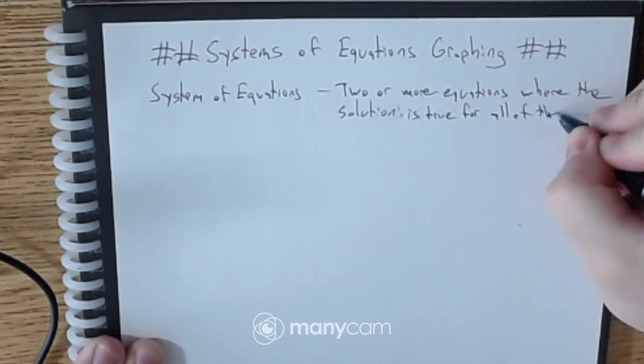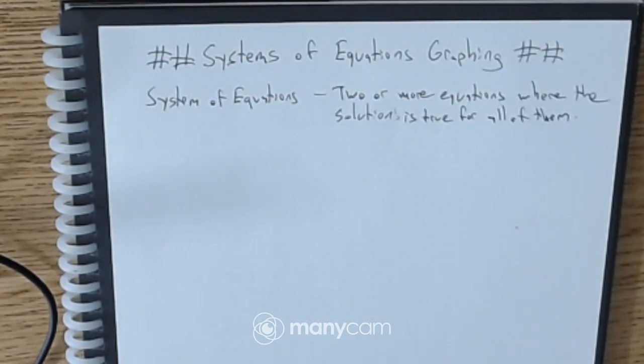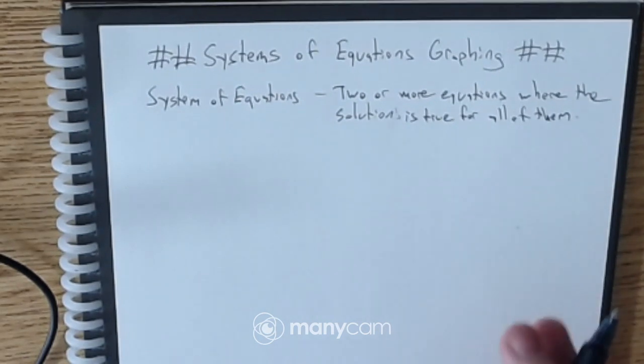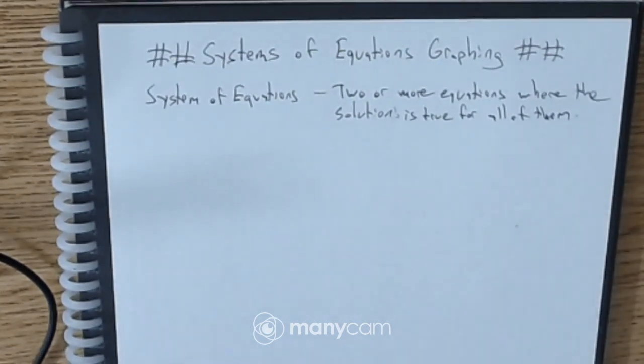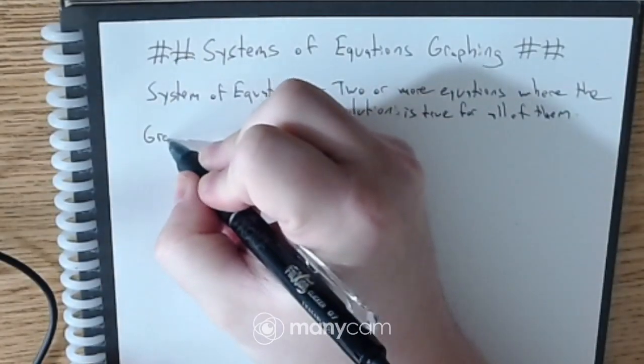So basically, we're back to solving for x and stuff like that, but now you need to be able to solve for an x and a y, and it's got to work for more than one equation. So we're going to do this by graphing first. And how this works when we're graphing is pretty simple.